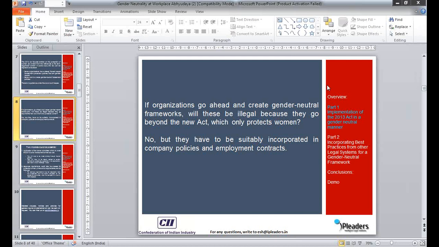I have heard a lot of confusion from people trying to understand what this act means. This is not the appropriate forum, between act leaders and myself when we're discussing how this act is to be implemented in each corporation, to discuss the merits of the act. So I'm not going to discuss the merits of it. However, very squarely, the Sexual Harassment of Women at Workplace Act 2013 clearly addresses the sexual harassment of women in a workplace.